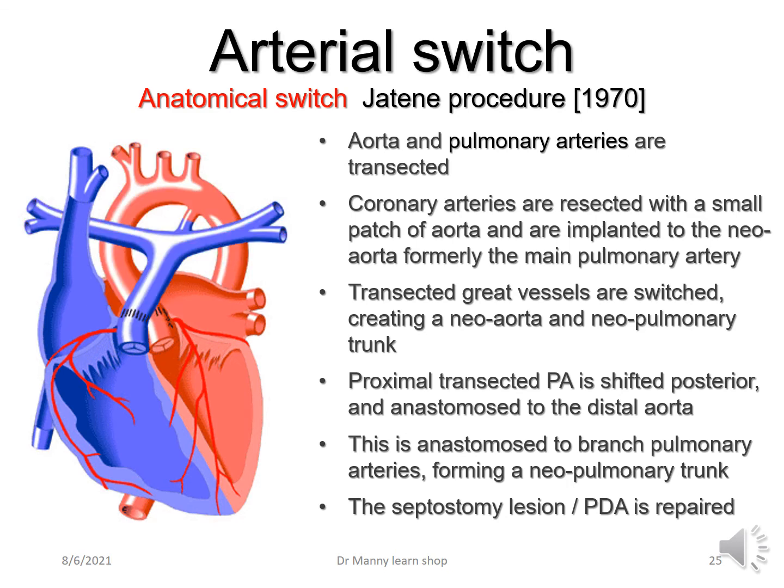And the primary problem was with reimplantation of the coronary arteries, they'd have a heart attack because the coronary arteries would become obstructed or they would become inflamed. Jatene improved the procedure, and since 1970 there have been very few fatalities.